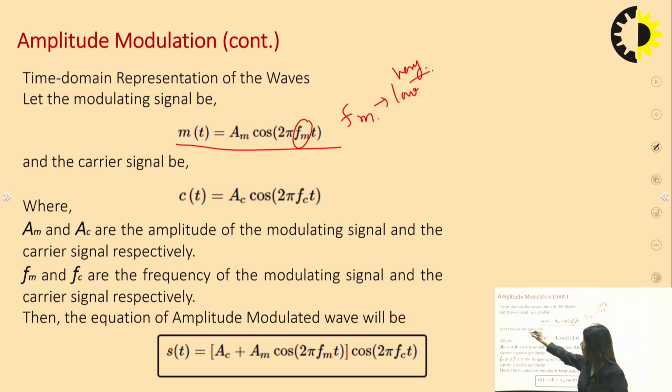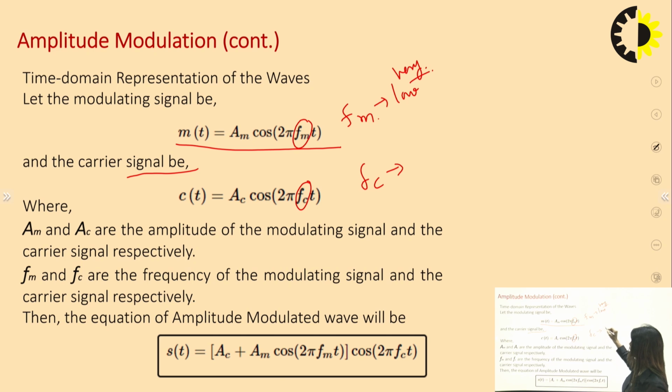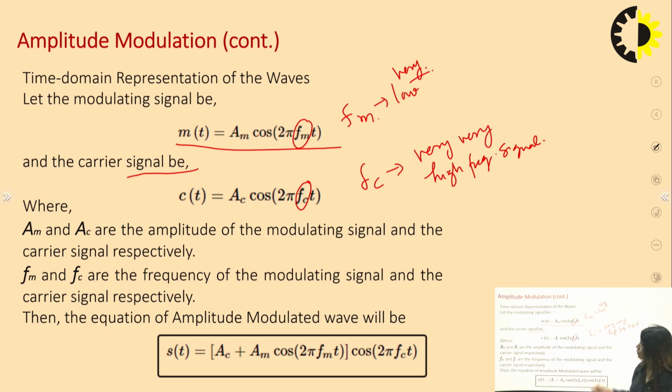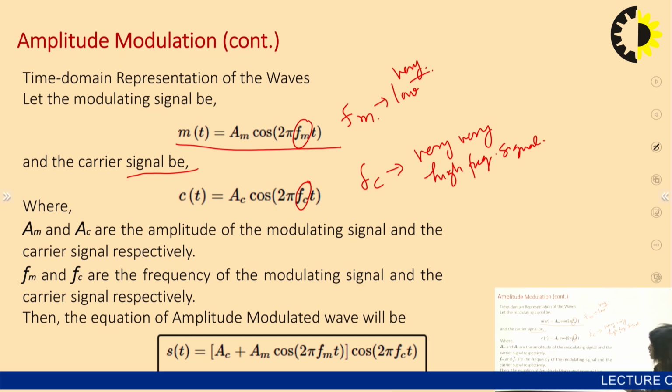Now we take one more signal, the carrier signal, c(t) = Ac cos 2 pi fc t, where fc is the carrier frequency and this is very high. So one modulating signal has frequency fm and amplitude Am, and one carrier signal has frequency fc and amplitude Ac. So fm and fc are the frequencies of the modulating signal and the carrier signal respectively.